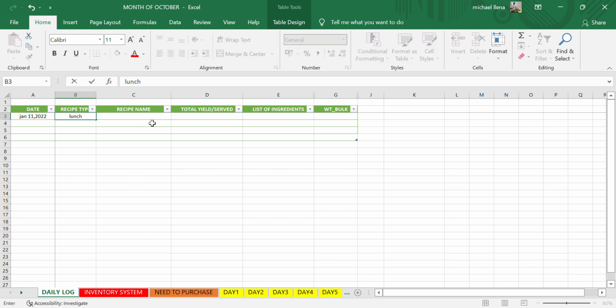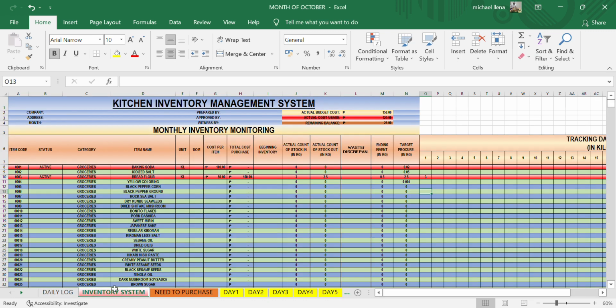For example, the recipe name is Japanese noodles. Total yield, for example, for 100 packs, you have the bread flour. For 100 packs, you use 2,500 grams. So if you have 3 kilos in your inventory and you subtract 2.5, your ending should be 500 grams, right? So we'll see.